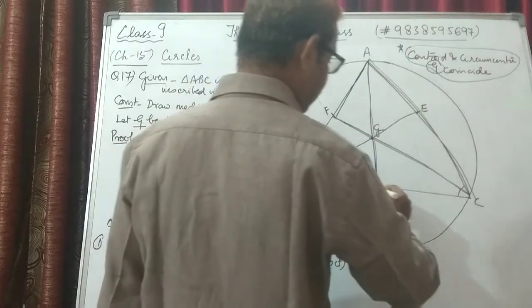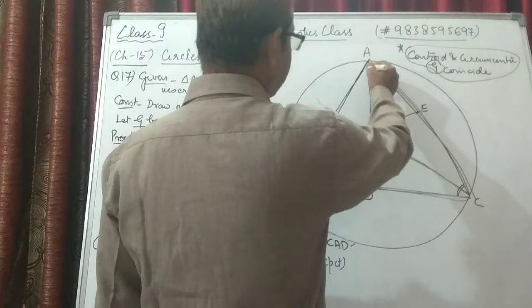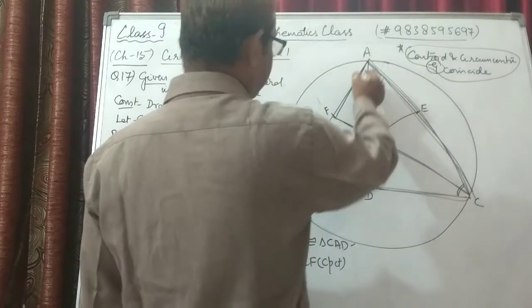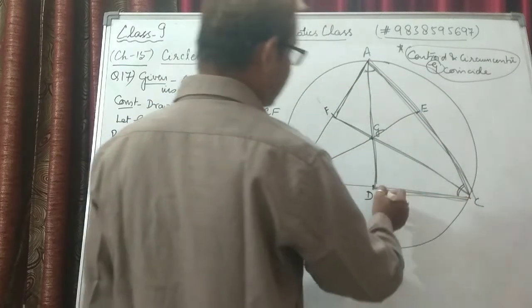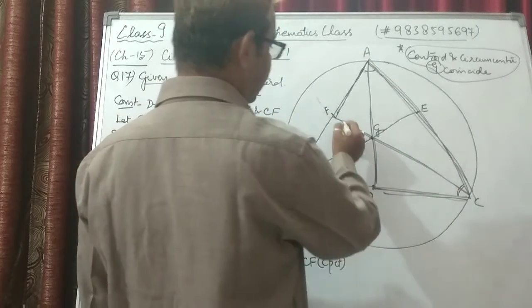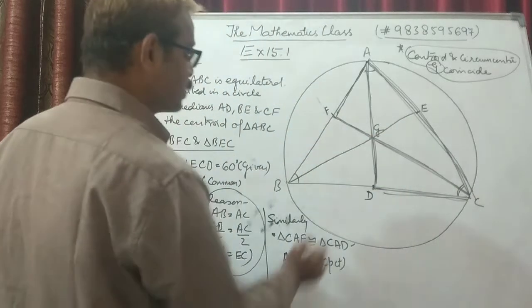These two triangles have been taken in the second case. And then also you can say angle C and angle A will be equal, AC is common, and AF is equal to DC because they are half of AB and half of BC. So the triangles will be congruent, so these two lines will be equal. So AD is equal to CF.